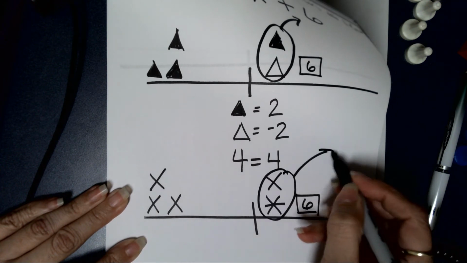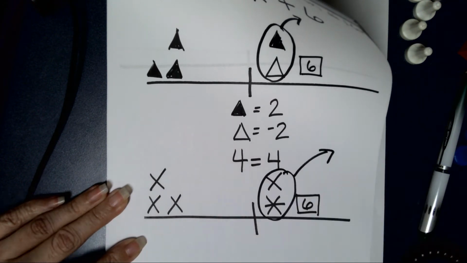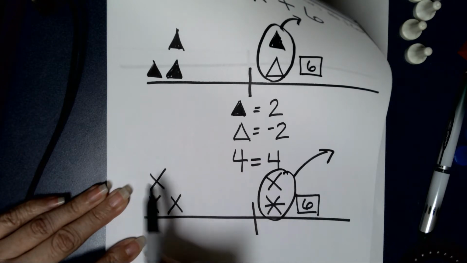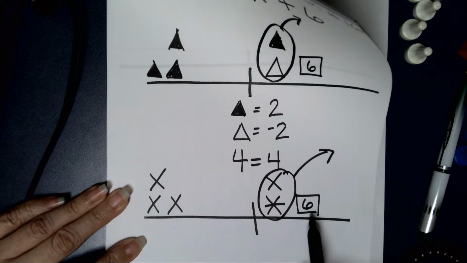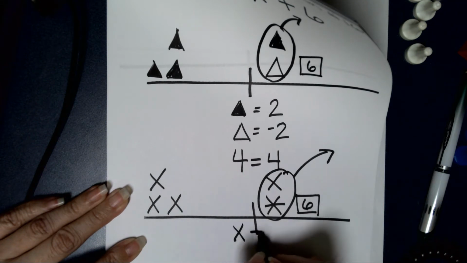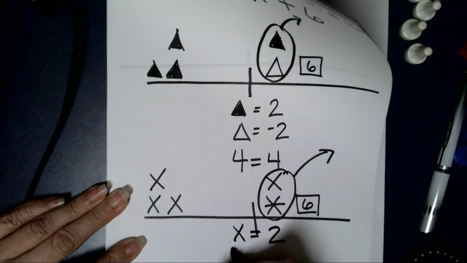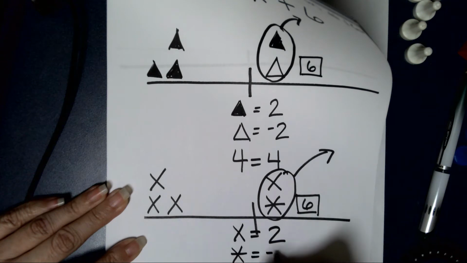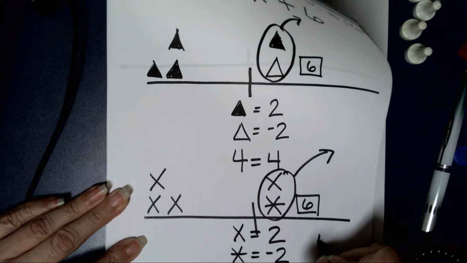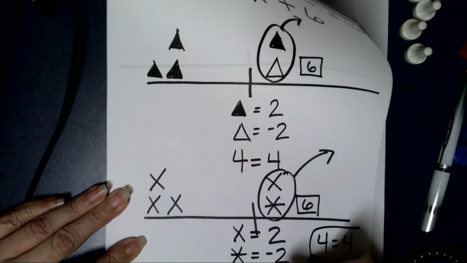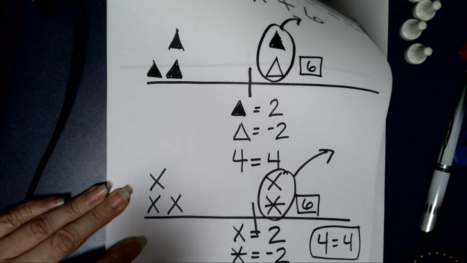Those go away because a star and a pawn together are a zero pair, leaving us with 3 X's, or 3 pawns equals 6, and our X would still be equal to 2, our star would still be equal to -2, and our check would still be 4 equals 4. Just a different way of drawing it.